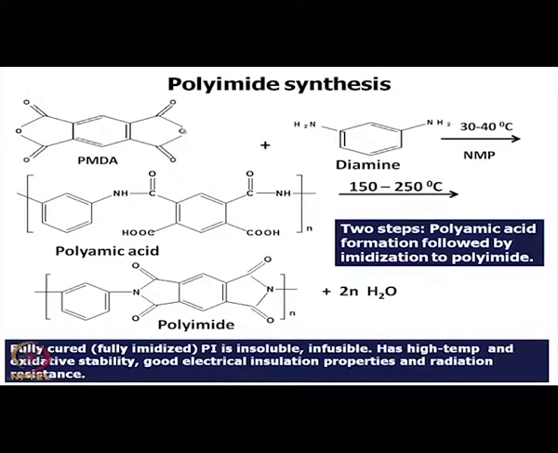So, this will condense to form one amide linkage over here, leaving behind one carboxyl group free. Here you see on both sides of this PMDA, two carboxyl groups are freed and two amide linkages are formed. This kind of intermediate precursor is known as polyamic acid. Now, this polyamic acid made by the reaction of PMDA and this diamine is soluble in N-methyl pyrrolidone solvent.